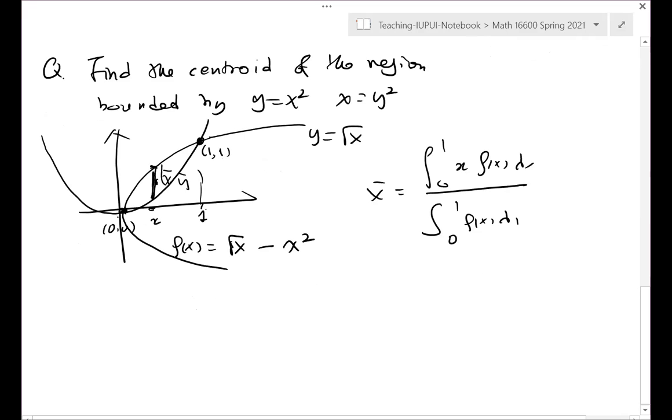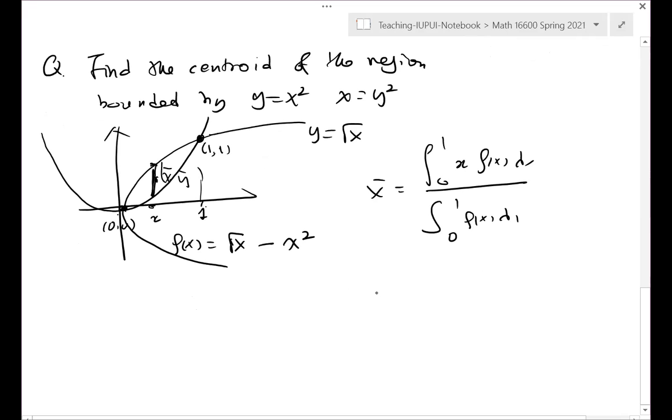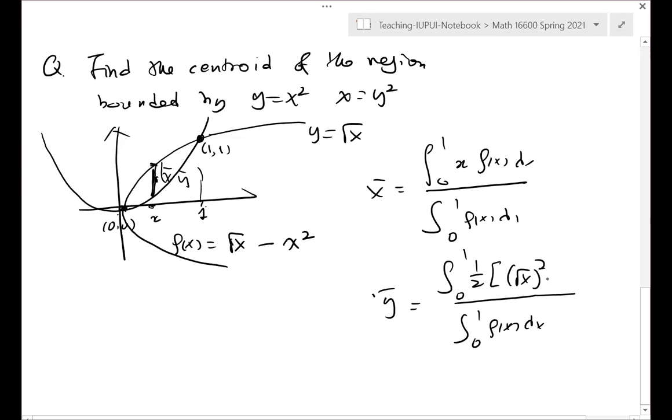Now, you can also use the formula in the book, but it's harder to understand why it says the first function squared minus the second function squared, right? But I'm going to write down that formula if we still use x: it says half of the top function squared minus the bottom function squared.